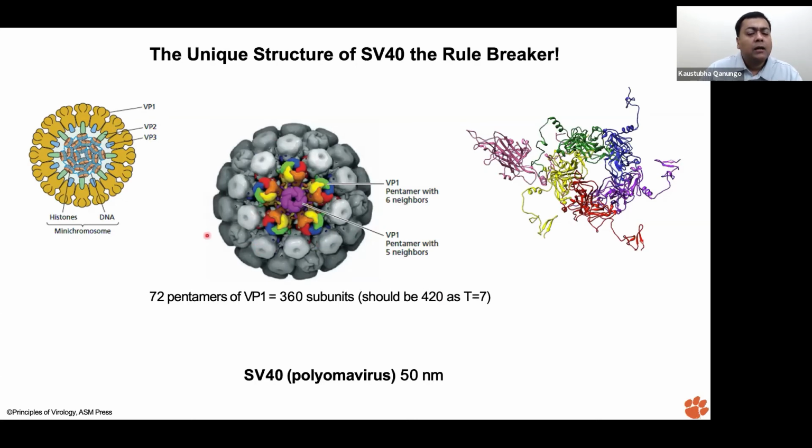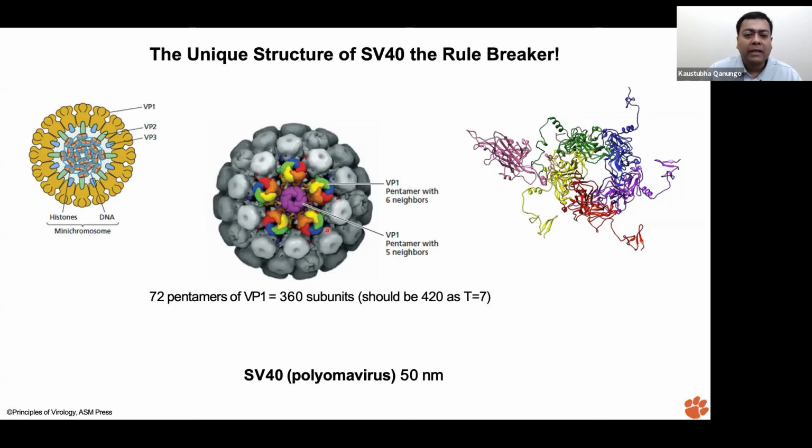And what you are seeing is that instead of this, the virus is made up of 72 pentamers of the VP1. So technically, if you are T equal to 7, your number should be 60 multiplied by 7, 420 structural units.